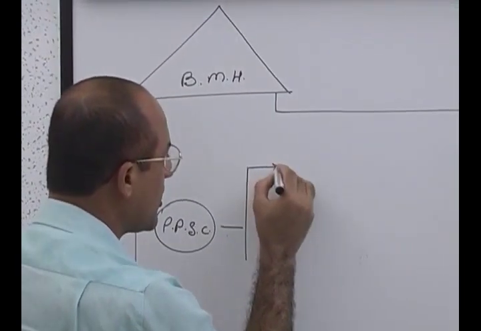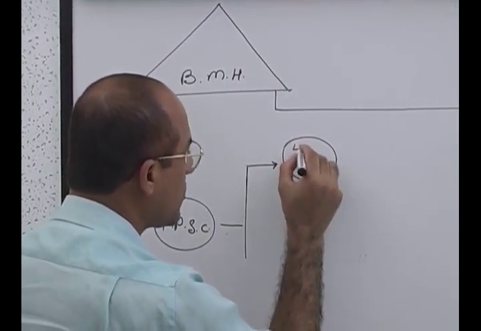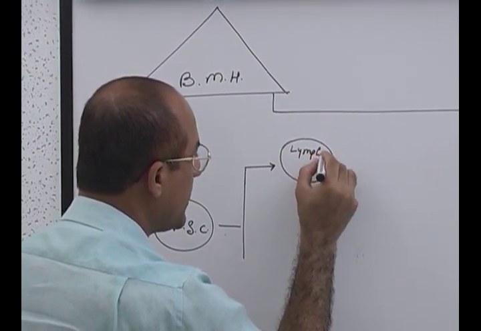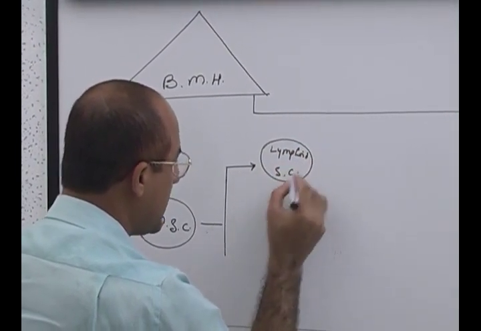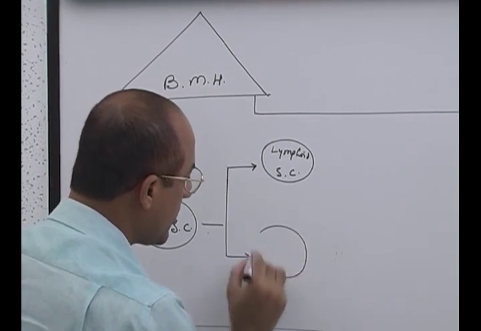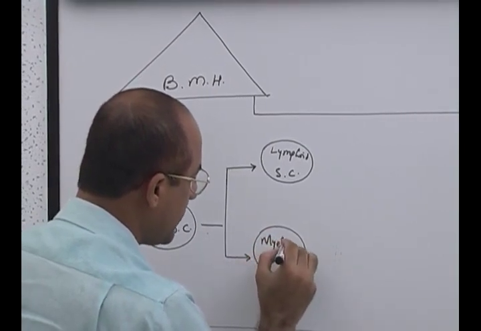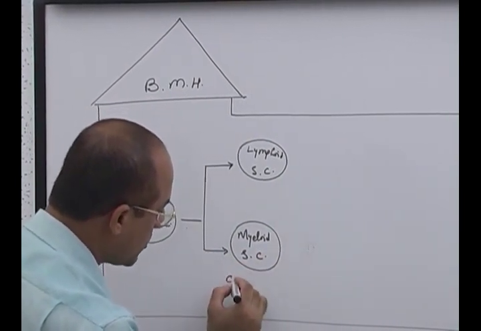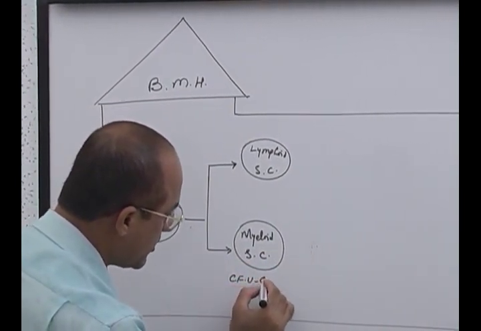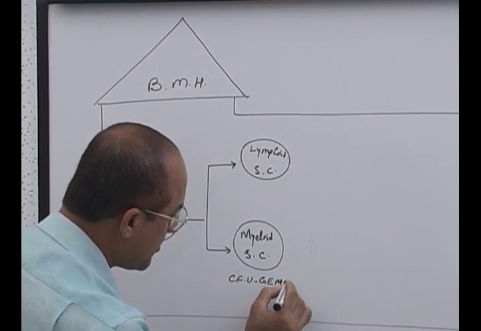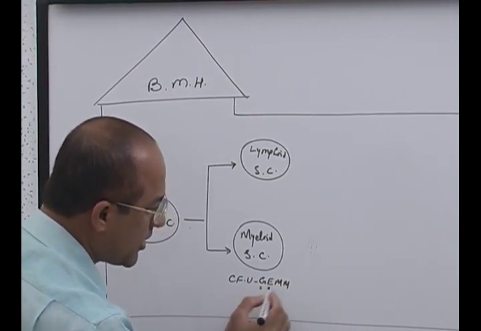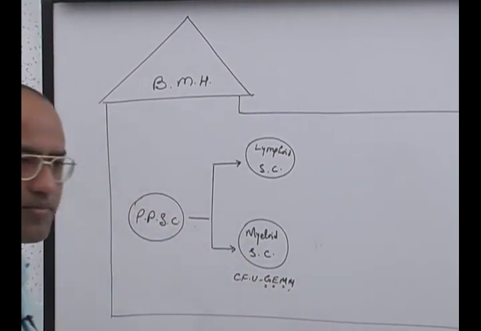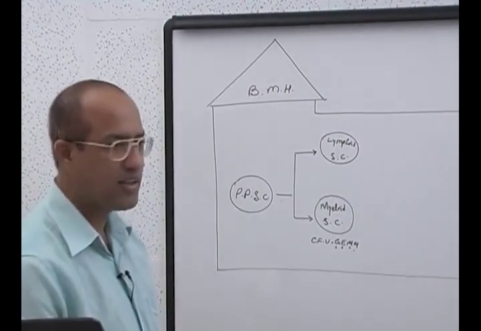Lymphoid stem cell, and there is myeloid stem cell, which is also called colony forming unit GEMM. Granulocytes, erythroid, megakaryoid, monocytes. Is that right? Because it does not make lymphocytes.